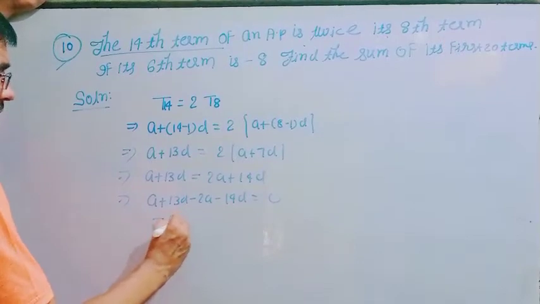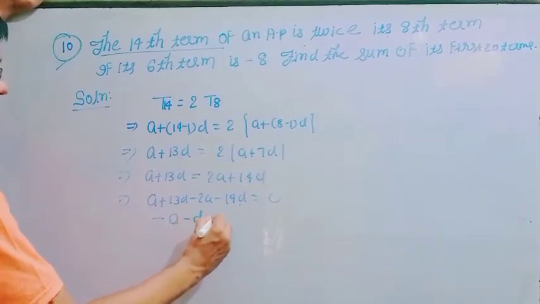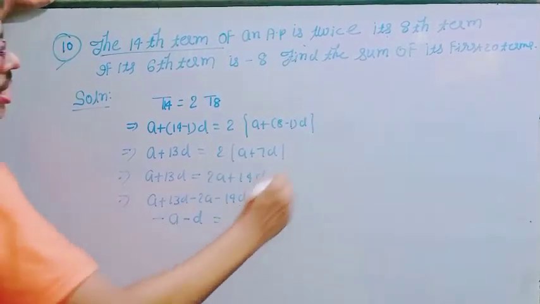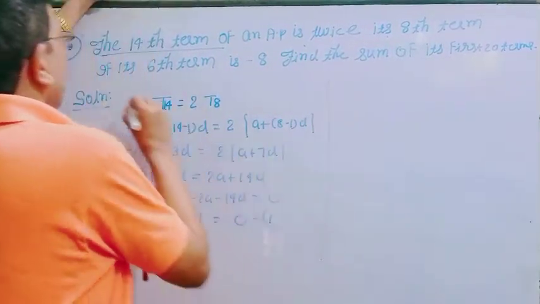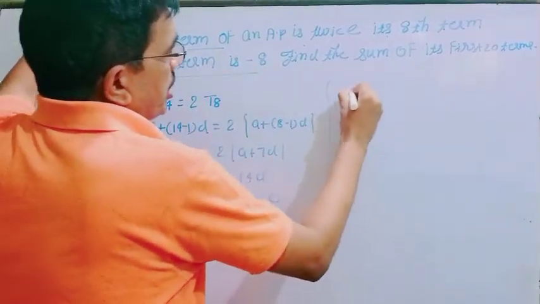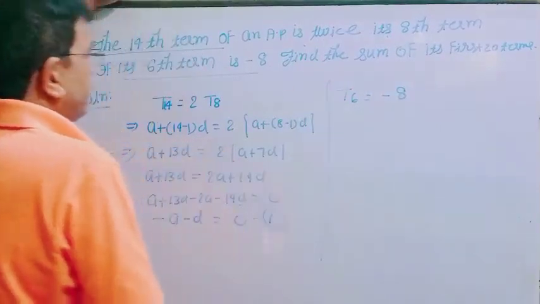Then minus A minus D is equal to 0. That is the first equation. And the second condition is that its sixth term is minus 8. That is T6 is minus 8.